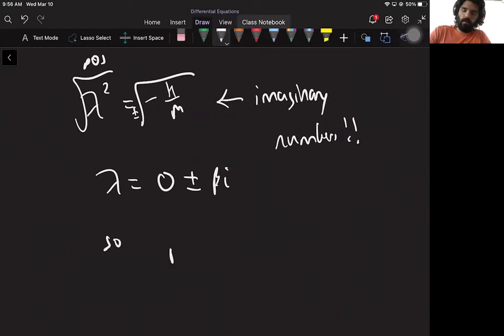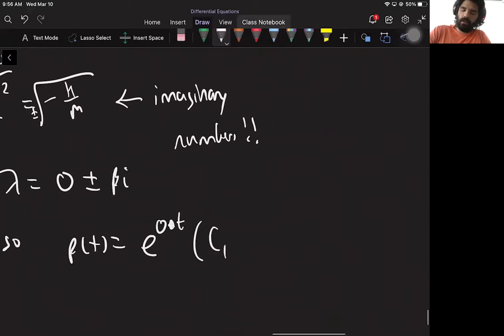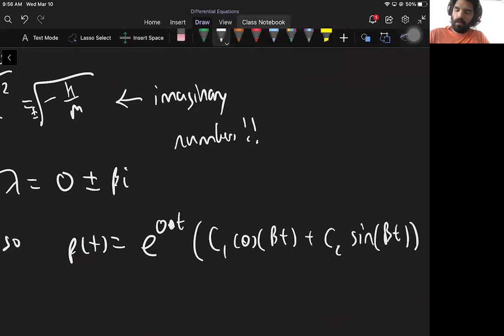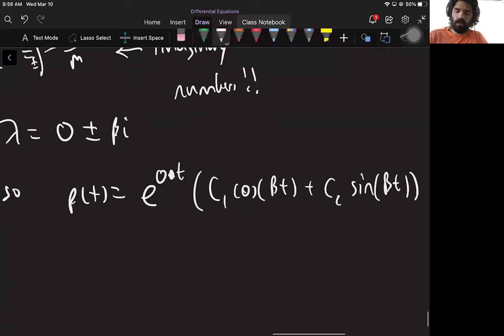So the position function will look like e to the 0 t times c1 cosine of beta t plus c2 sine of beta t. And so that 0 t here means that the exponential is not going to be there to cause it to go to 0.